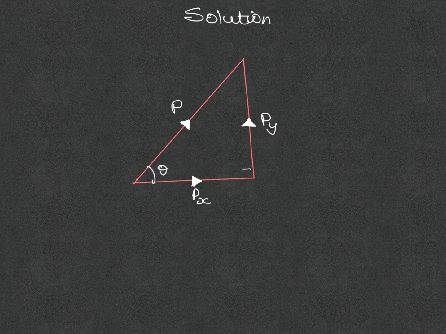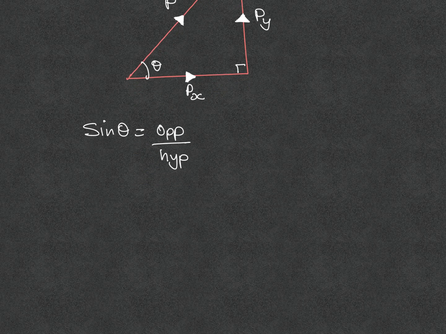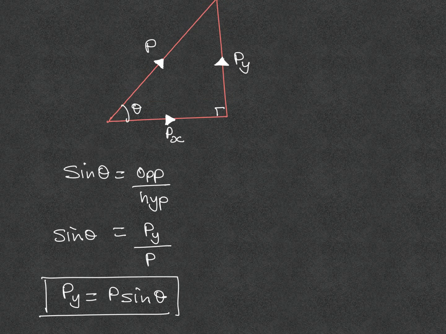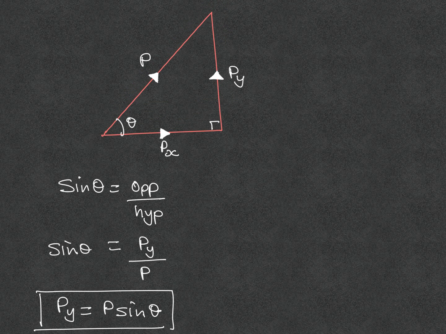If we use sine theta is equal to opposite over hypotenuse, then sine theta will be Py over the hypotenuse P. So if I want to find Py, it will be P sine theta. To find the horizontal component, we can use cos theta is equal to adjacent over hypotenuse.